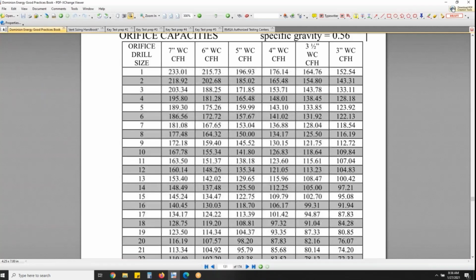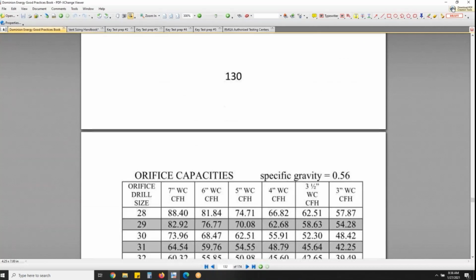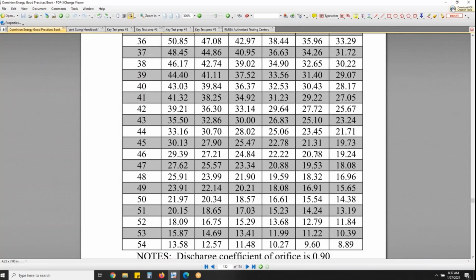So I just start going down that column till I find a number that's as close to 17.23 as I can get. Okay, we start getting down into here, and it looks to me like a number 49 will give me 16.91, and a 48 will give me 18.32.